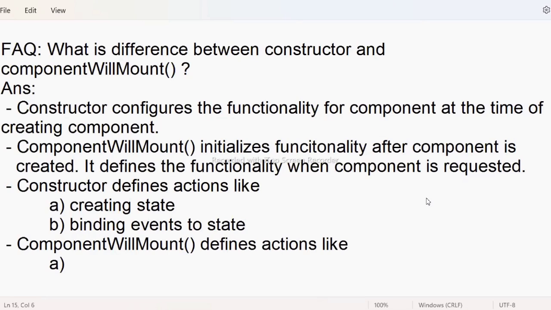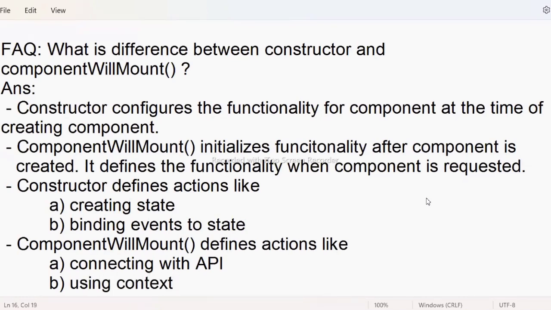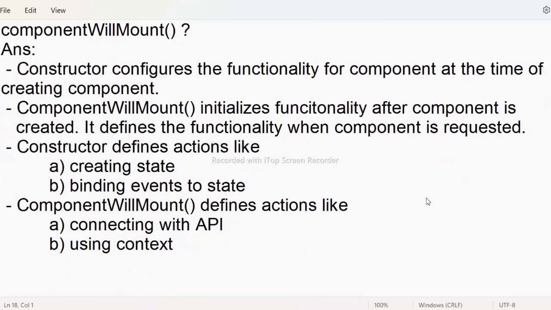That means the connection should happen not at the time of creating the component, but at the time of request. So we do actions like connecting with APIs and using the context. What is context? I will tell you in the next point. All such activities we do in componentWillMount.